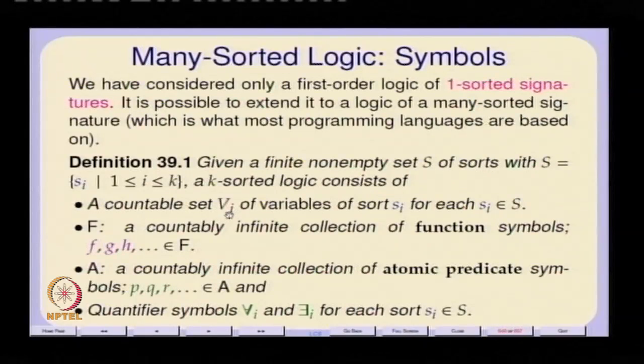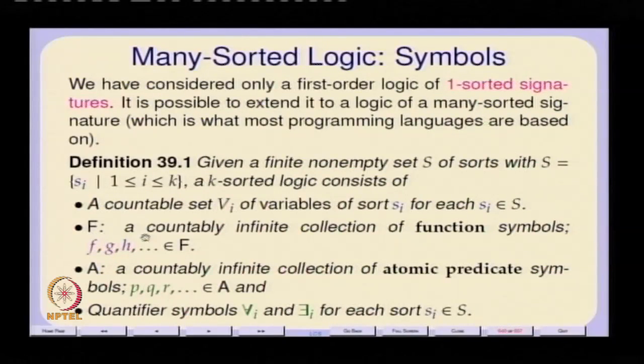Our set of variables also gets slotted into various slots. So, we might think of the set of variables V as being divided up into countable disjoint subsets of variables, where each variable has a predefined sort associated with it, and of course we need always a countable set for each sort, so we will assume that our set of variables V is actually this disjoint union of variables Vi, for each sort Si in S.